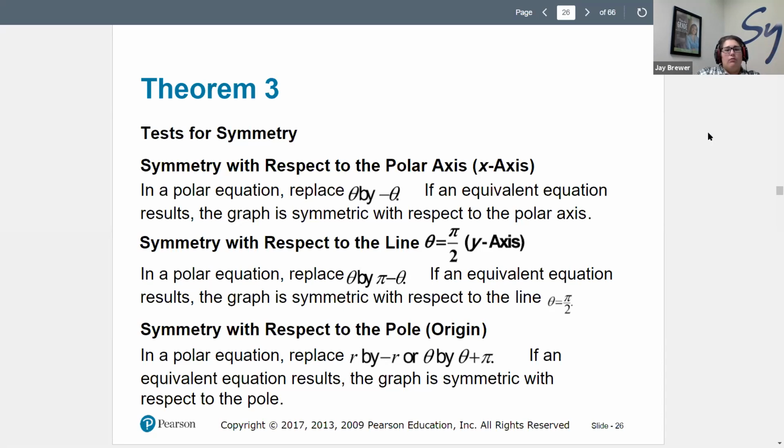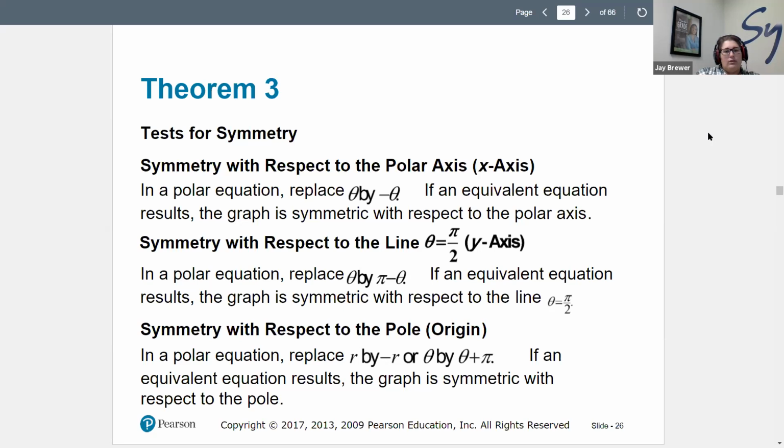All right, in a polar equation, replace theta by pi minus theta, and if we get an equivalent equation resulting, the graph is symmetric with respect to the line theta equals pi over 2. All right. And then symmetry with respect to the pole or the origin.